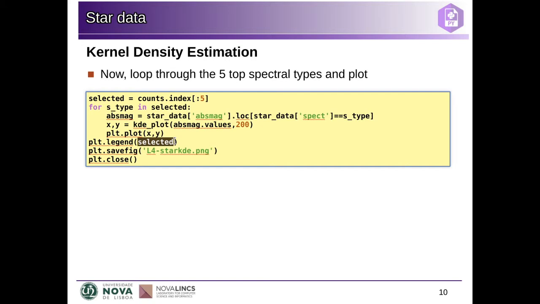So there are two ways of doing this. One way would be, during plot, I would say that the label is the spectral type, and then I would not need to have this in the legend, because each series would have its name defined.